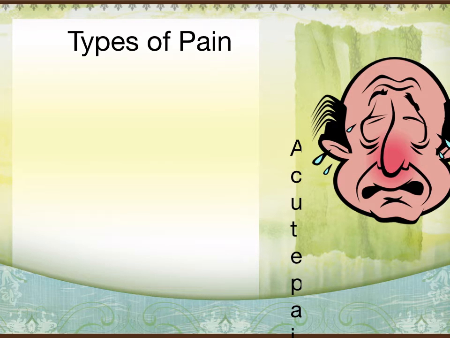Now, in your chapter on pain in Potter and Perry, they have classified pain. You can classify pain by its underlying pathology, which highlights the physical cause, or by duration, the amount of time it lasts. By underlying pathology, it's called nociceptive pain.